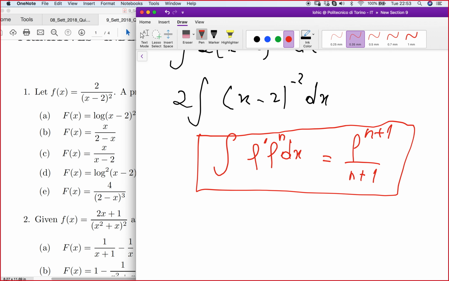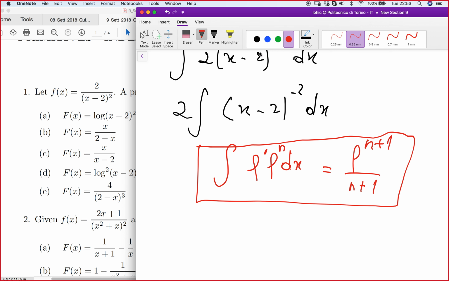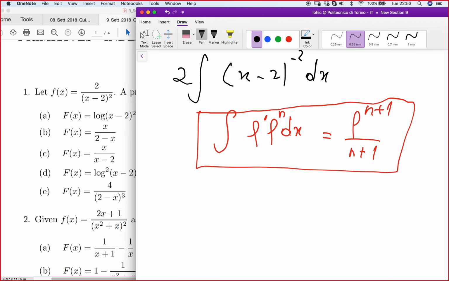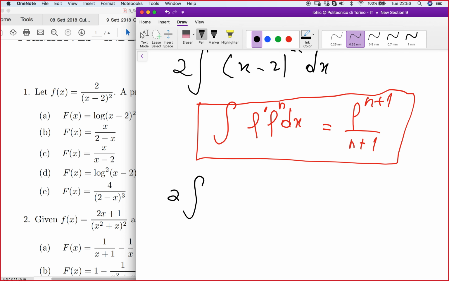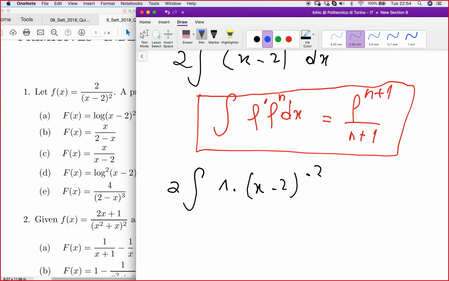So going back to our integration, this integral can be written again as 2 times the integral of 1 multiplied by (x minus 2) to the power of minus 2. What is f here? This is f to the power minus 2, right?